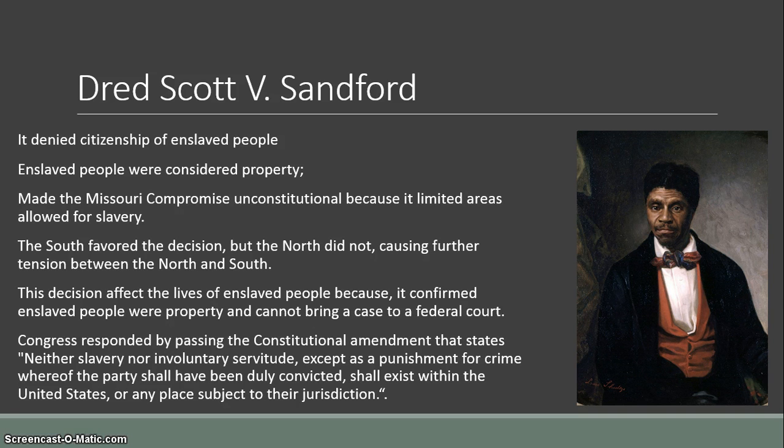Basically, Congress said this: neither slavery nor involuntary servitude, except as a punishment for a crime whereof the parties shall have been duly convicted, shall exist within the U.S. or any place subject to their jurisdiction.